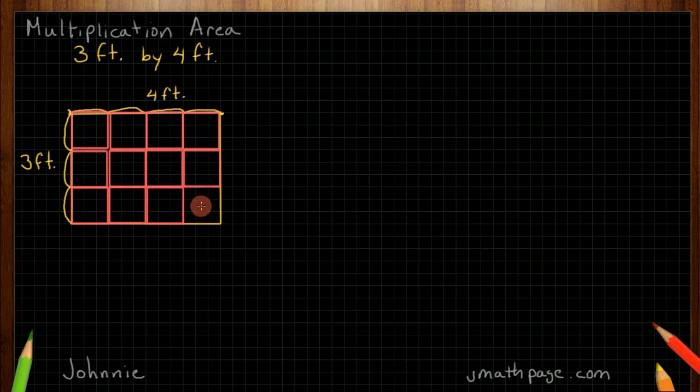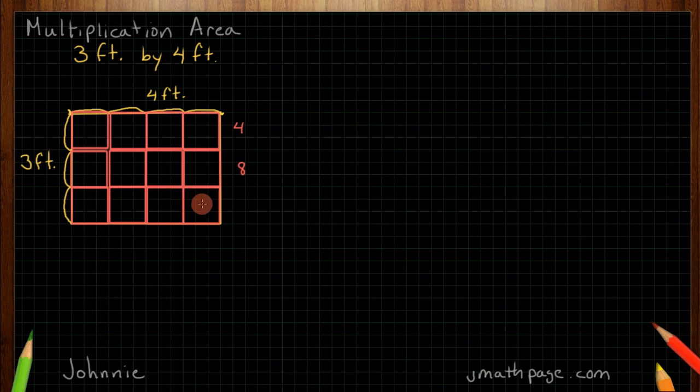Okay, now I'm done. How many squares are there? Well, let's figure this out together. I noticed something here, that every row has 4 squares in it. So let's count that way. This first row has 4 squares. 1, 2, 3, 4 squares. The second row has 4 more, so it's 5, 6, 7, 8 altogether to here.